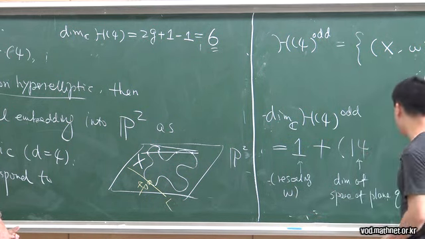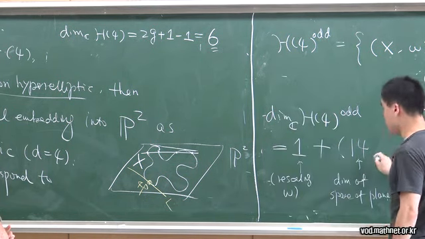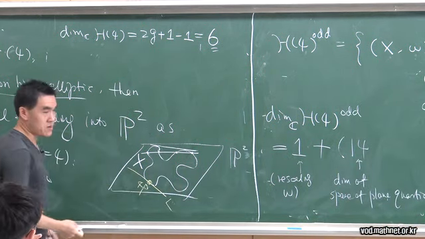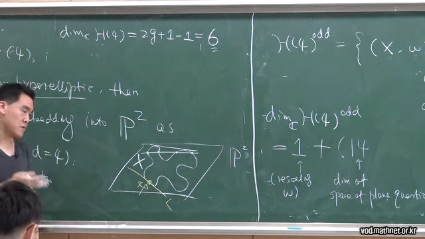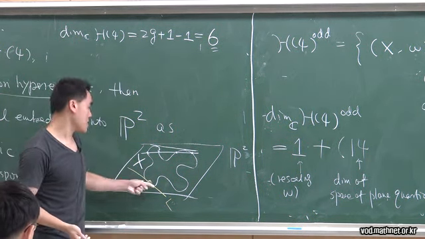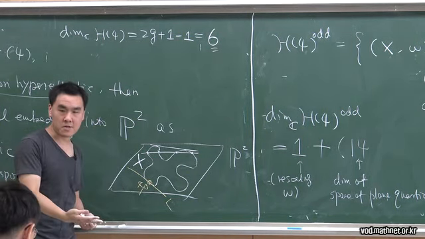If you think about it this way, I fix a line, fix a point. Going through a given point imposes one condition. You just plug the coordinates of the point into the equation of X. Requiring tangency to a given line at that point will impose one more linear condition.